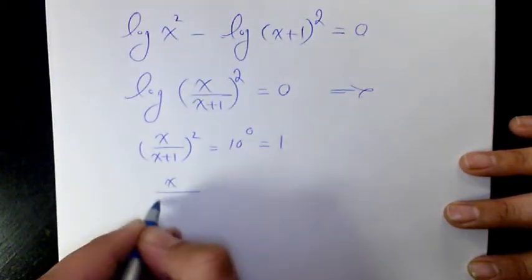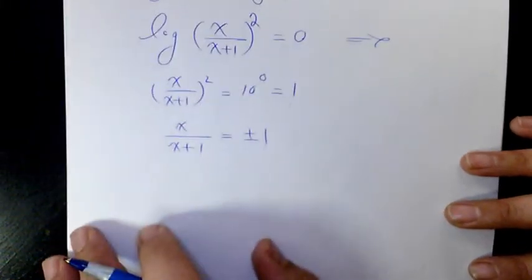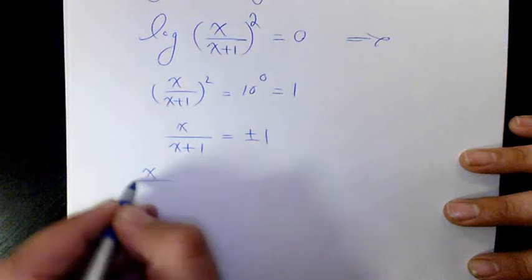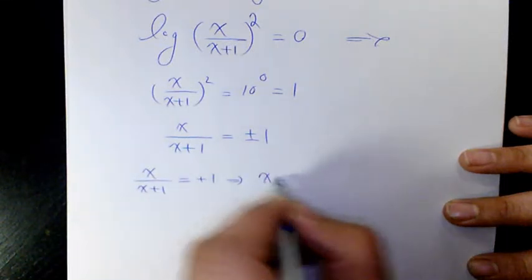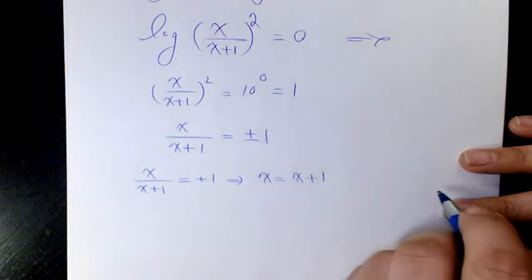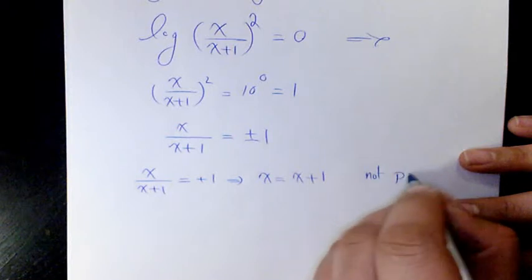So x over x plus 1 is going to be either plus 1 or -1. If x over x plus 1 is plus 1, we can say x equals x plus 1, and that is not possible.